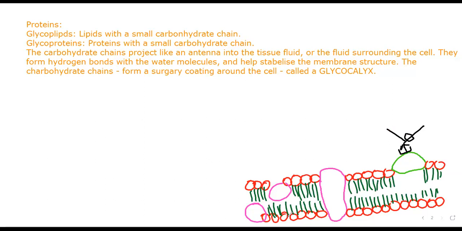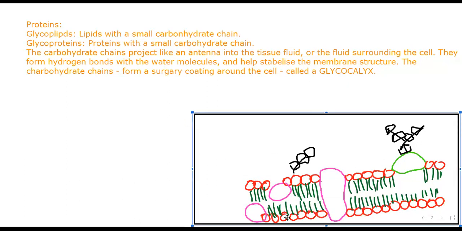So this carbohydrate chain, can you see how it's coming out like an antenna? It literally looks like there is an antenna attached to my protein. Or if I have a phospholipid, and on that phospholipid, I have a carbohydrate chain attached, that carbohydrate chain looks like an antenna. And what does this carbohydrate chain do?